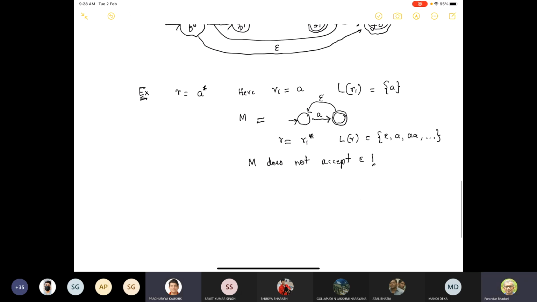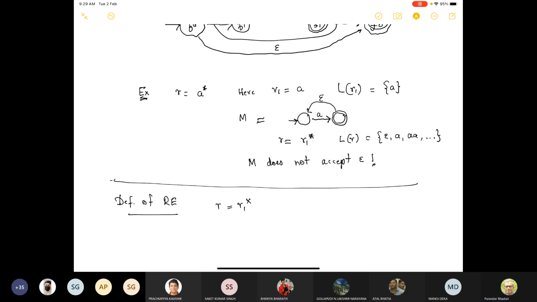By definition of regular expression, one of the inductive clauses is R equals R1 star.